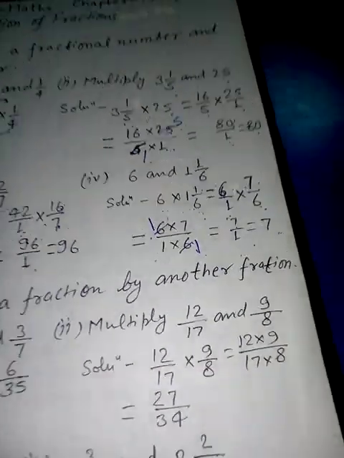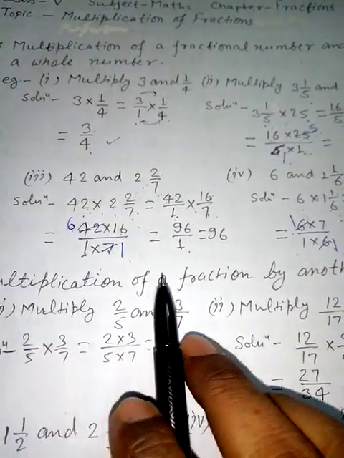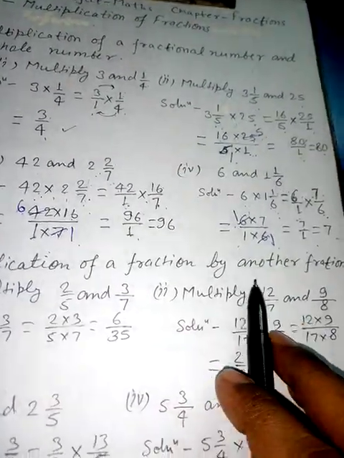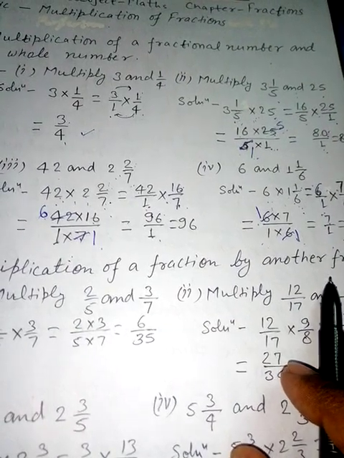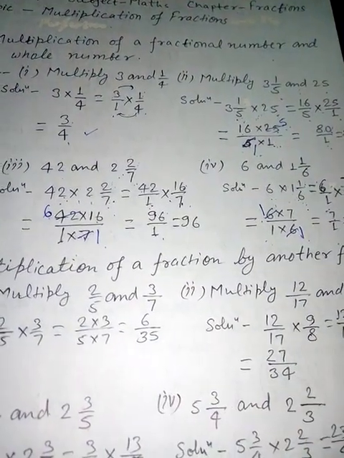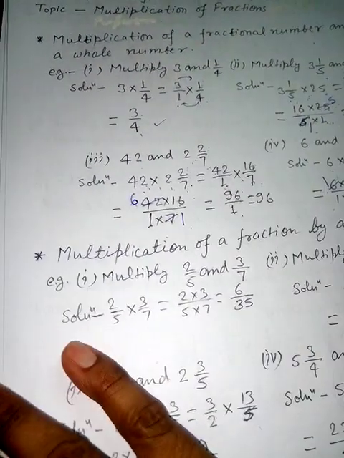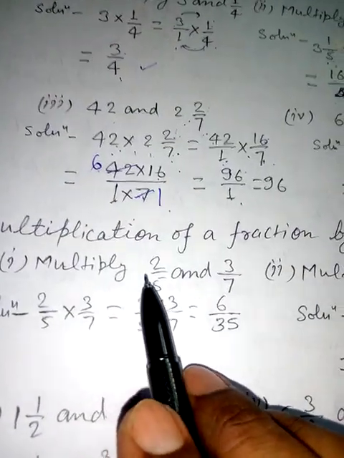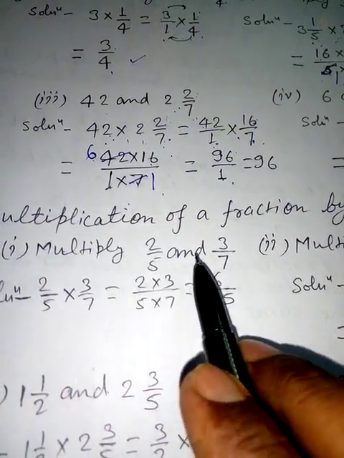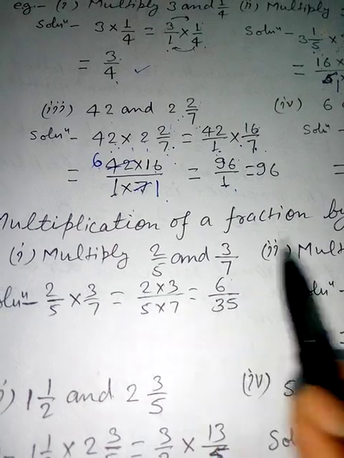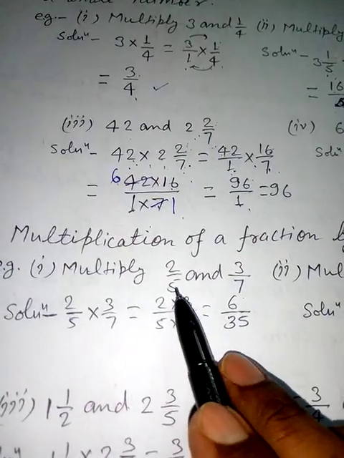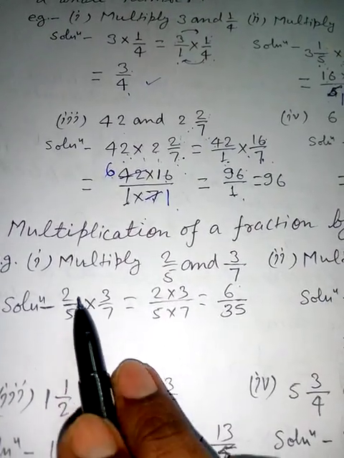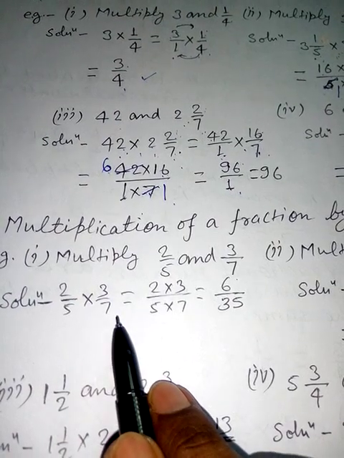Students, now we have to understand multiplication of a fraction by another fraction. Fraction by another fraction, not a whole number. So the first example is multiply 2 by 5 and 3 by 7. First write the question as it is, 2 by 5 into 3 by 7.